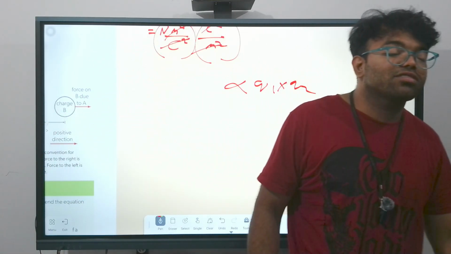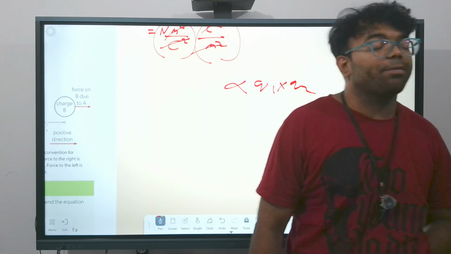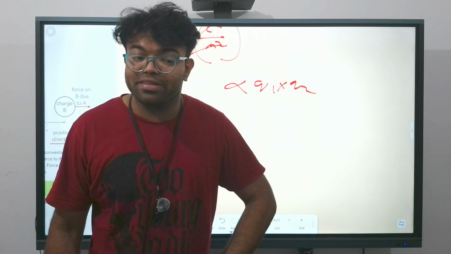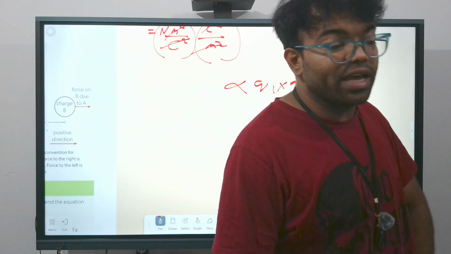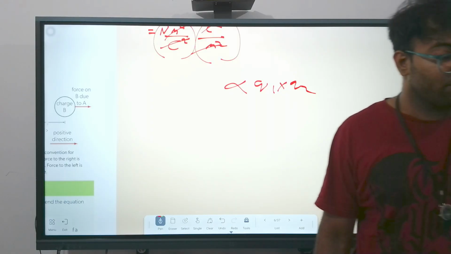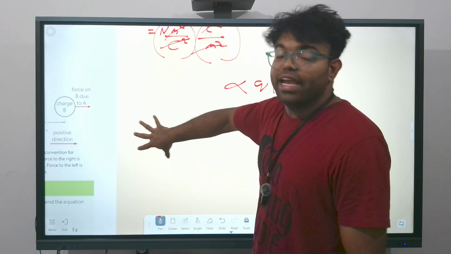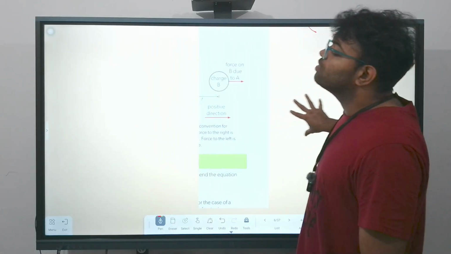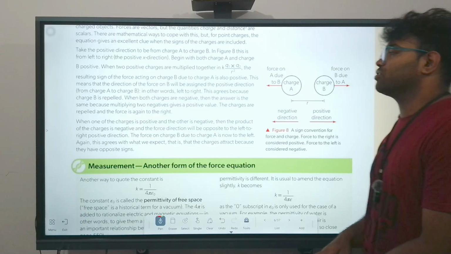A positive force represents repulsion, but a negative force represents attraction. This is how we can figure out the direction of force in charged objects, even though we don't have any direction based quantities in the force.